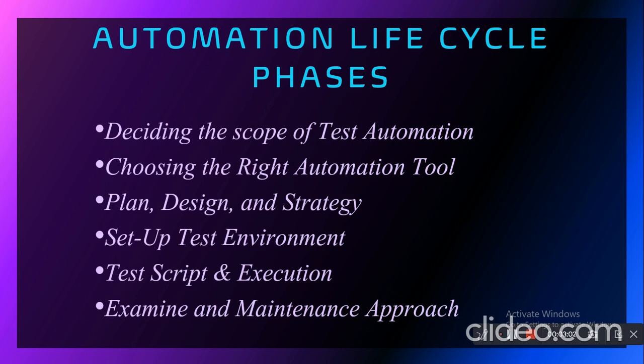Then the next phase is plan, design and strategy. It's the most basic stage of the automation testing life cycle, a procedure that characterizes how to approach and achieve the objective of test automation. During this stage, we make an automation procedure and plan.